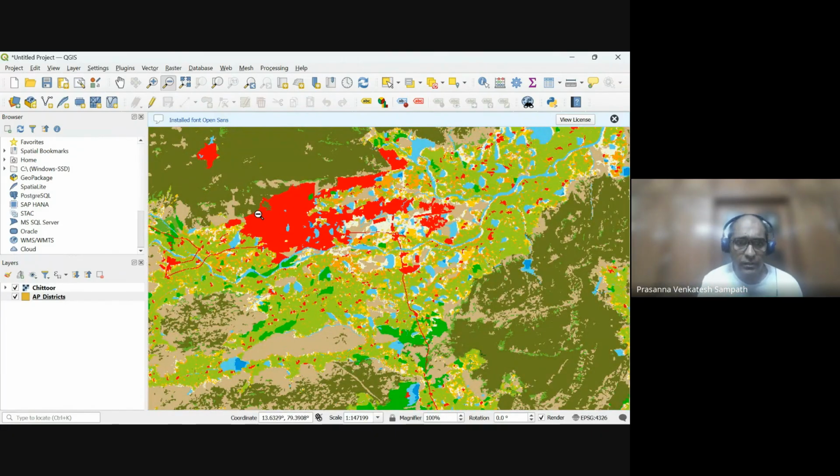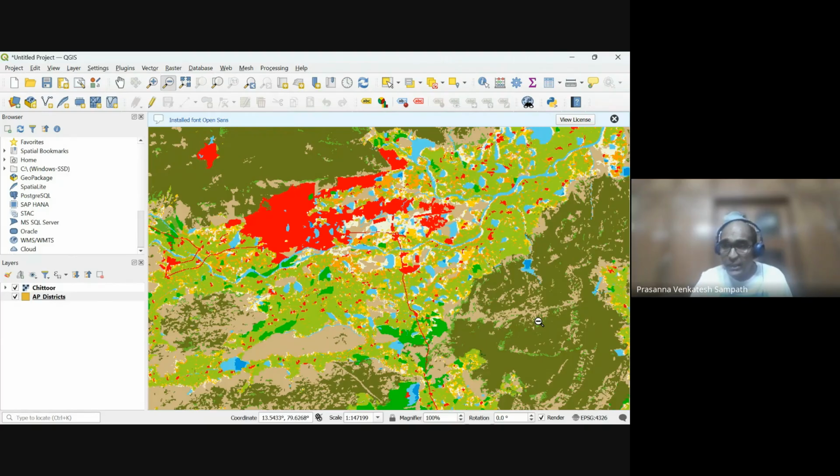Even on the left-hand side, there's a red line going here. So that's basically a highway. So when you pick your location, 500 acres, try to pick it as close as possible to a highway, right? For example, even our campus right now is right next to the highway. You don't want to pick your 500 acres very far away from an existing highway, because then accessibility is a problem.